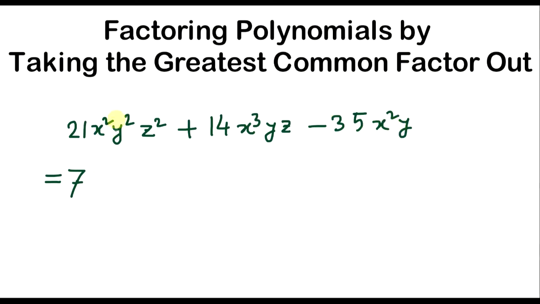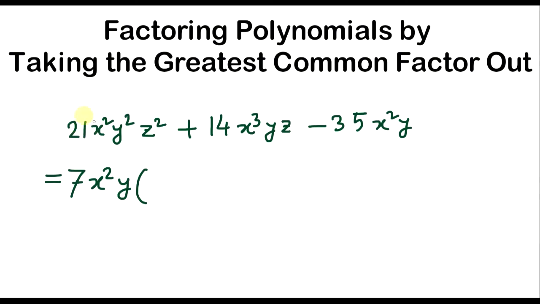What is the smallest power of x? We have 2 here, 3, 2. So we will take x squared. We have y squared here and y. So we have to take y. Z squared here, only one z here, no z here, so we cannot take z.